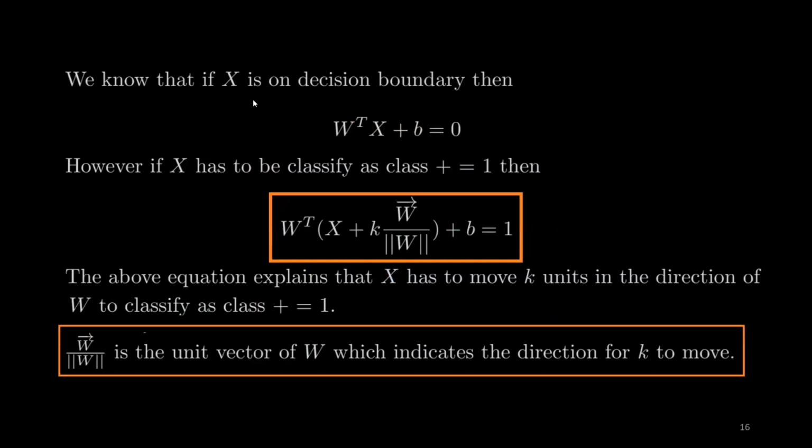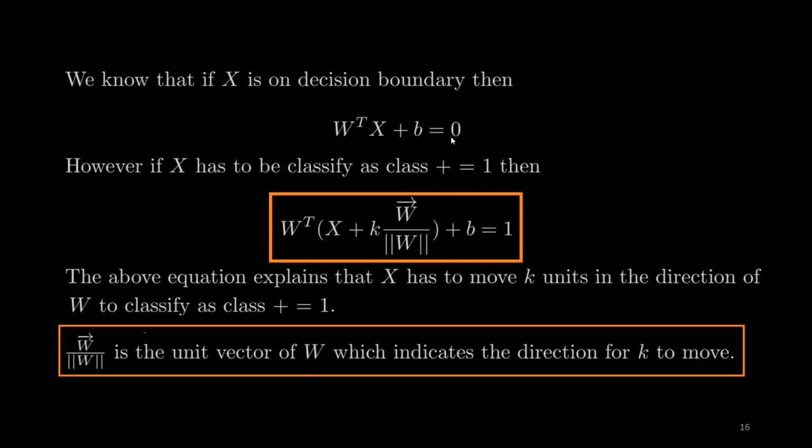We know that if X is on the decision boundary, its value is 0, that is, this equation will be 0. However, if X has to be classified as class positive, that is class 1, then this equation will become this equation. It is very important to understand how we transform this equation into this one.